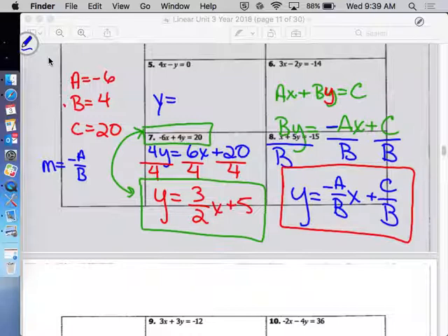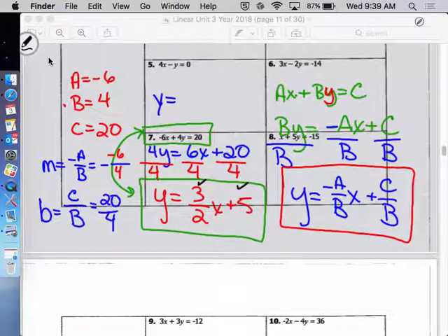My value of A is negative 6, and my value of B is positive 4. If I simplify that, it's going to give me positive 3 over 2, which is what I have in standard form right here. And then my y-intercept is capital C divided by capital B. Well, that's going to be 20 divided by 4, which simplifies down to 5. So to draw an analogy and make a match, that's what this little exercise is about.